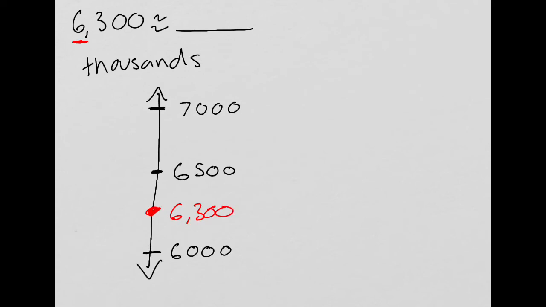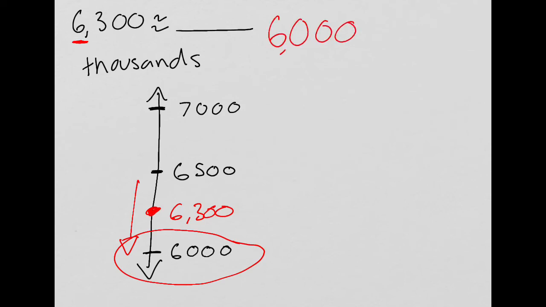Just like the last one, if it's less than my midpoint, that means I'm going to round down. So my answer is that bottom number. I always like to circle that bottom number so I know that that is my final answer, and it's showing me in my work that that's my answer.